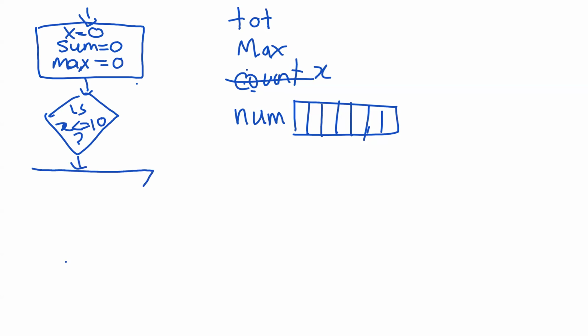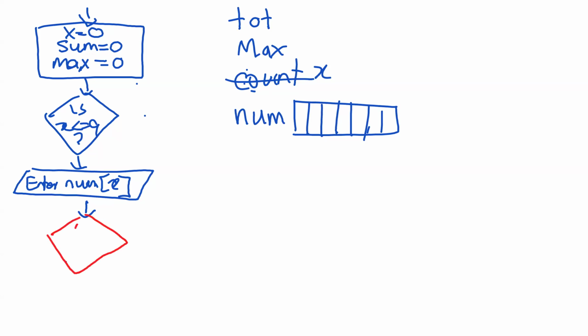Right. Now, the first job is what? Enter num x. And also here it should be 9. And after we enter this x, now look at this part clearly. We check: is num x greater than max?